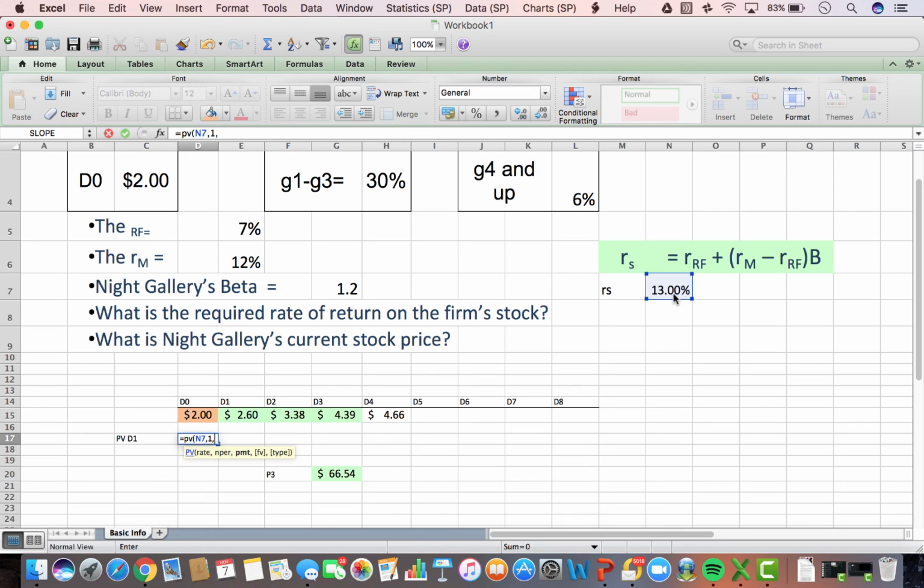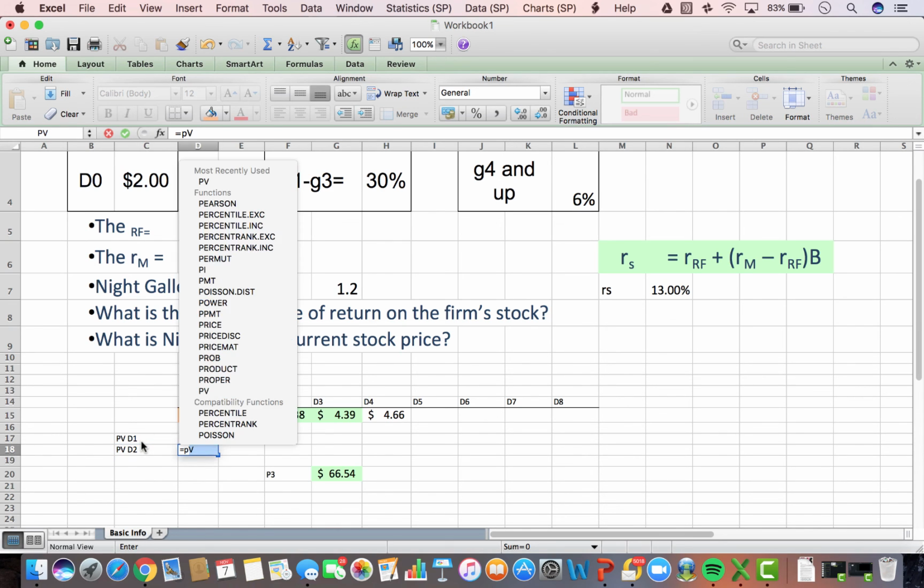What's the payment? 0, because there's no payment in between. Of what future value? $2.60. And I'm going to put this negative just to get all the numbers positive in the end. I'm going to close parentheses here, and I get $2.30. Then I'm going to need to calculate the present value of dividend 2.